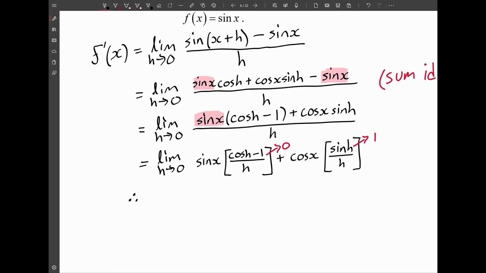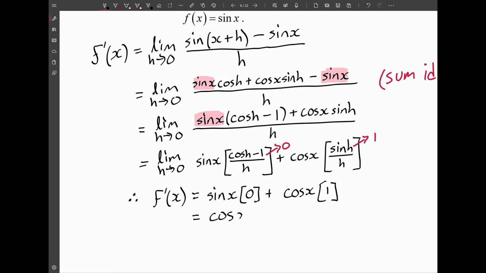They are very useful. This leaves us with the idea that f prime of x must be equal to sine of x times 0 plus cosine of x times 1, which, when we calculate it out, is just cosine x.